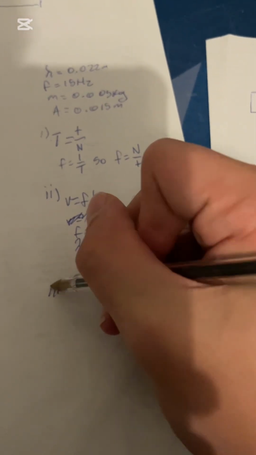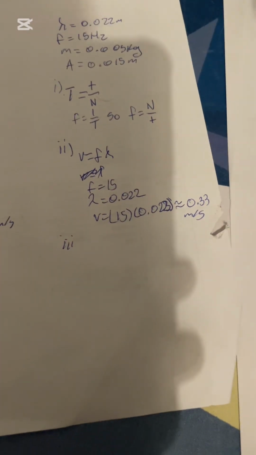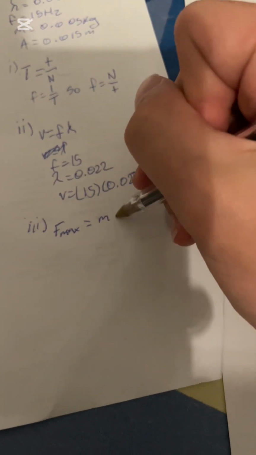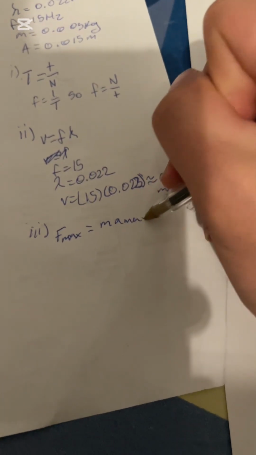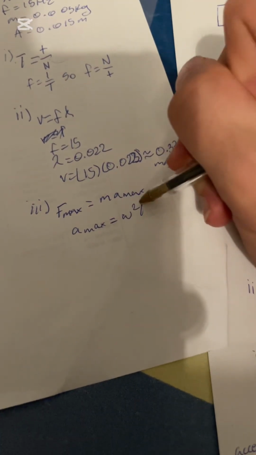Thirdly, to prove that the maximum vertical force on the ball is negative 0.67 newtons, first we'd define the maximum force. You could say that it's equal to m multiplied by the maximum acceleration. The maximum acceleration can be measured with omega squared a.